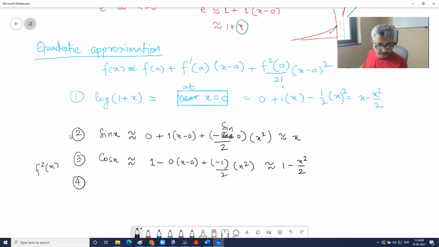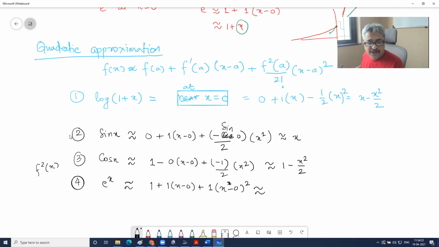And for e raised to x near x equal to 0, 1 plus derivative 1 into x minus 0 plus second derivative 1 into x minus 0 bracket square, by 2.